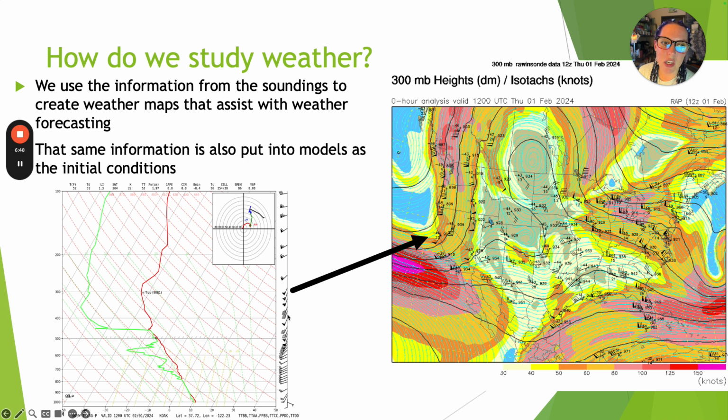And so what we do with this information is computers take this information from all of these locations and then basically overlay or superimpose it onto a map.